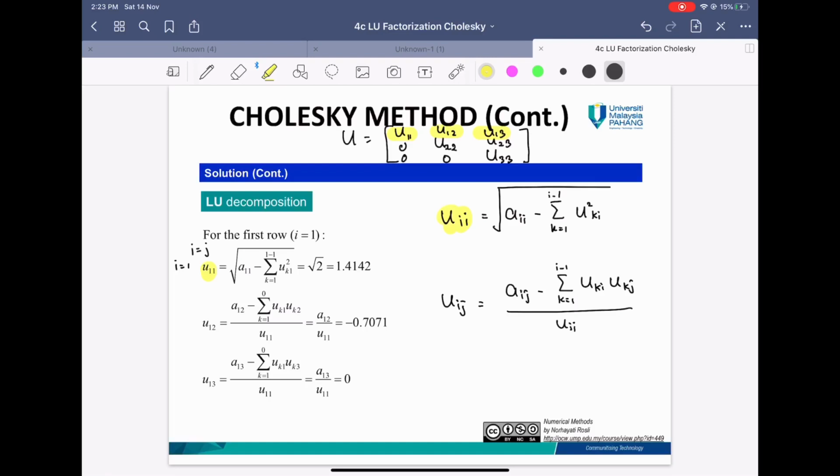Substitute i equal to 1 into the formula, we will get U11 is equal to the square root of A11 minus the sum from k equal to 1 to i minus 1, which is 1 minus 1 is 0, of Uki squared.